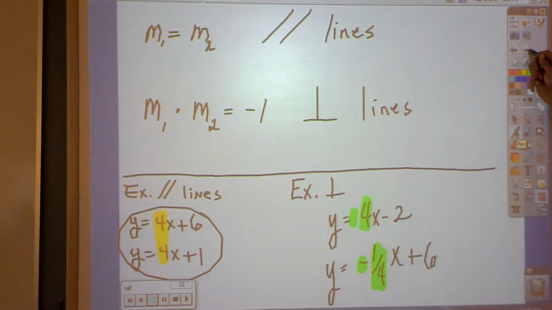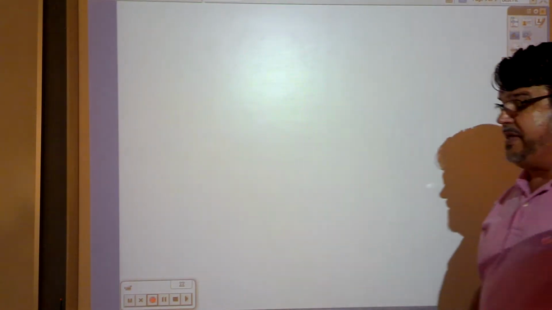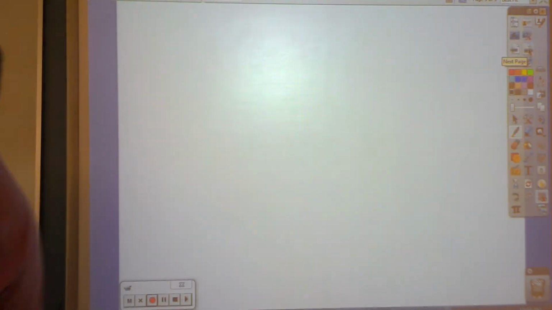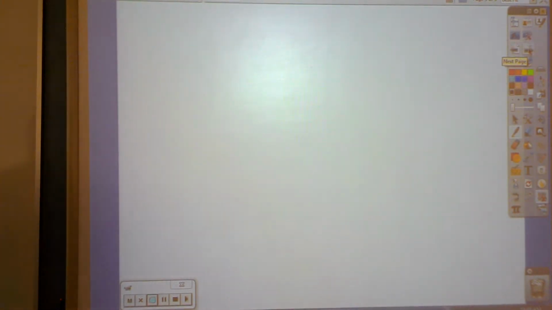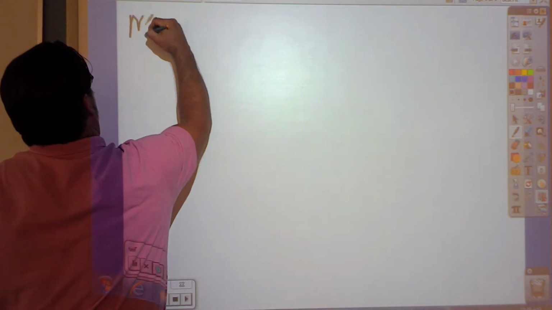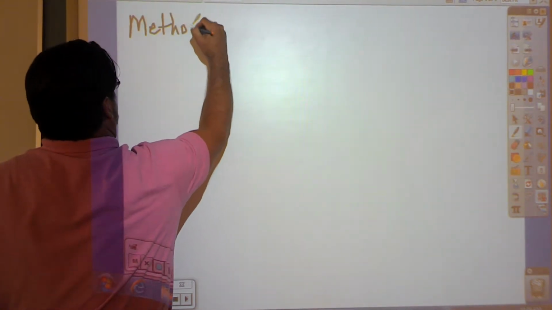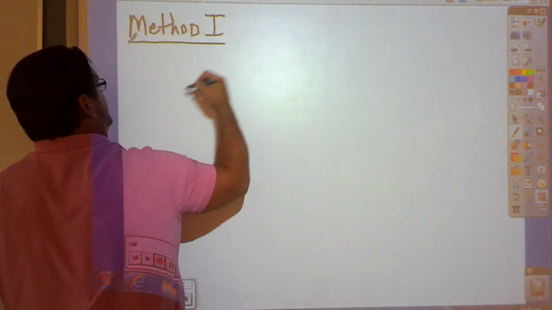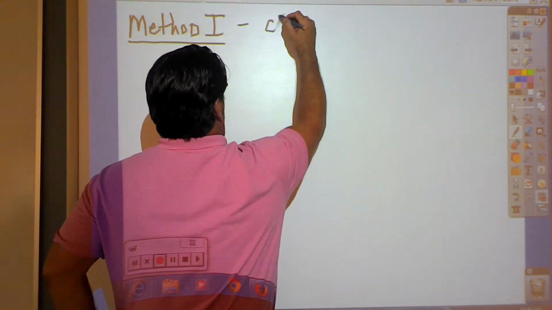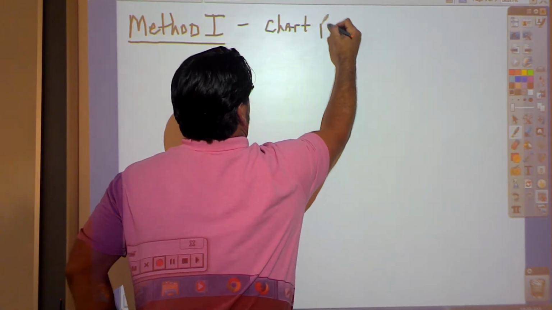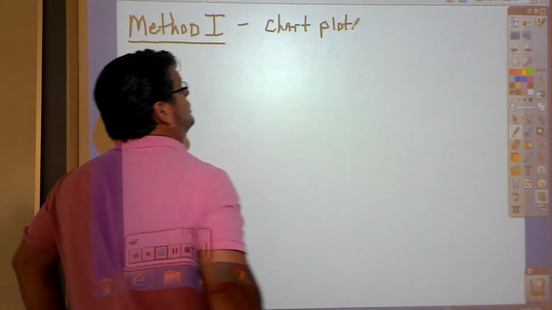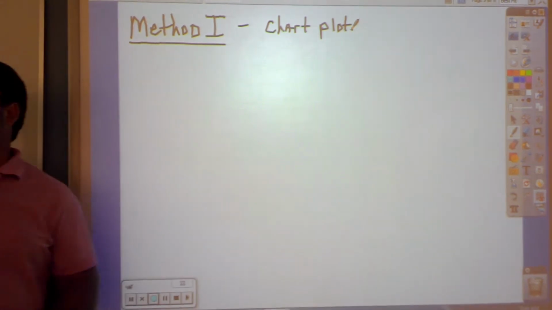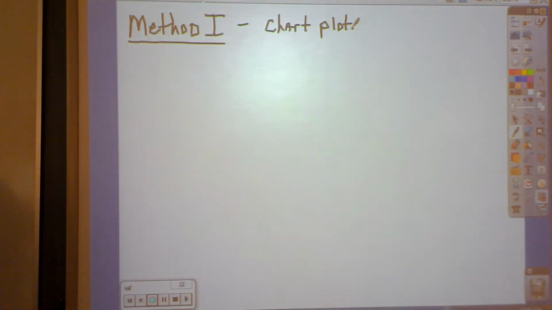All right. Now let's move on to methods. And again, this should be a review because most of these methods are taught in Algebra 1. Method 1. Now, of course, I'm not going to call them what they call them, so I'll mention what they call them. I call it the chart plot method. Okay, they say graph using ordered pairs, graph using coordinates, graph using points.